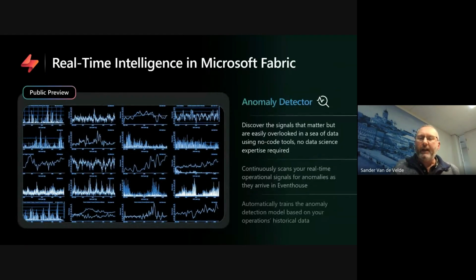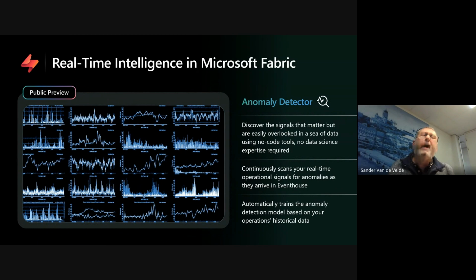So we have the anomaly detector, which makes it possible, if you have data and you think, well, there could be an anomaly in this data, Microsoft Fabric will provide you a number of anomaly solutions, the functionality, and you can pick and choose the right anomaly detector for you with the least amount of false positives and false negatives.